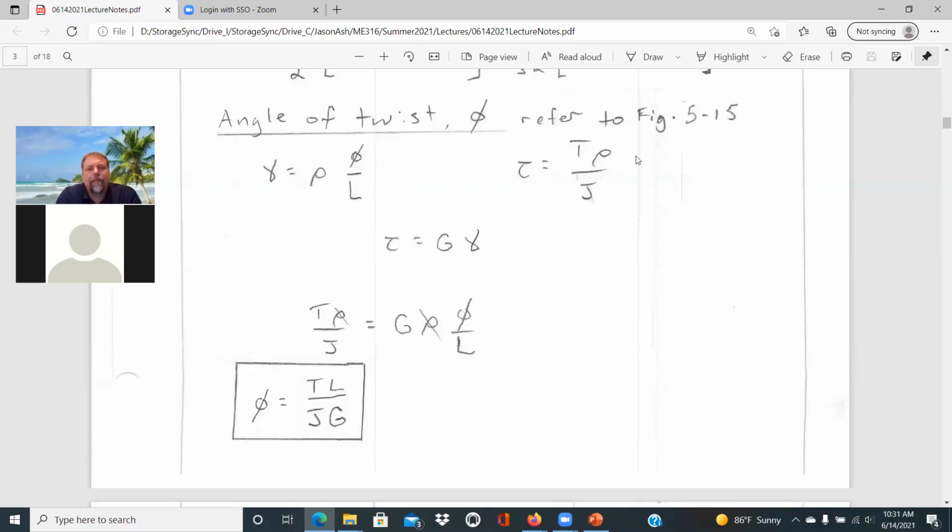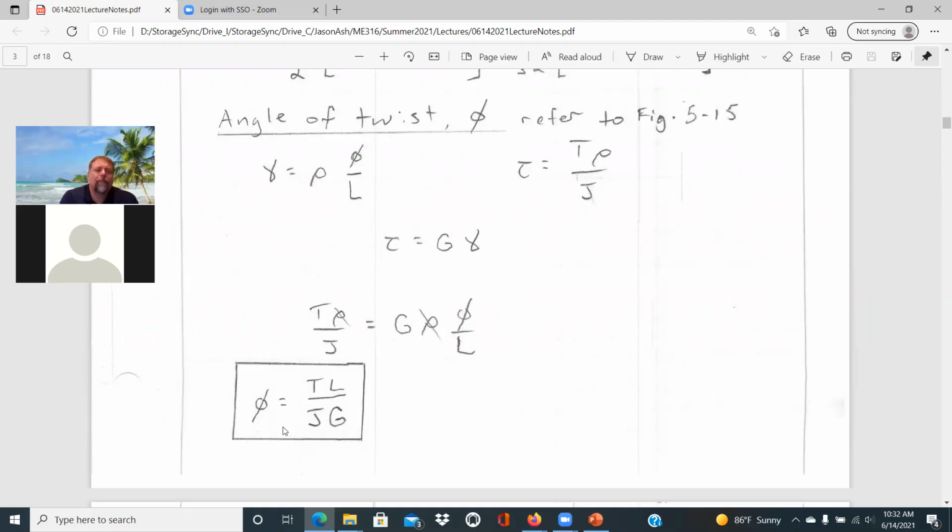I believe this Figure 5.15 is showing that relationship between the shearing strain and the angle of twist. With that being the case, the radial positions cancel out on both sides, and we can solve for the angle of twist being equal to the torque that's applied times the length of that shaft, then divided by the polar moment of inertia and the shear modulus.